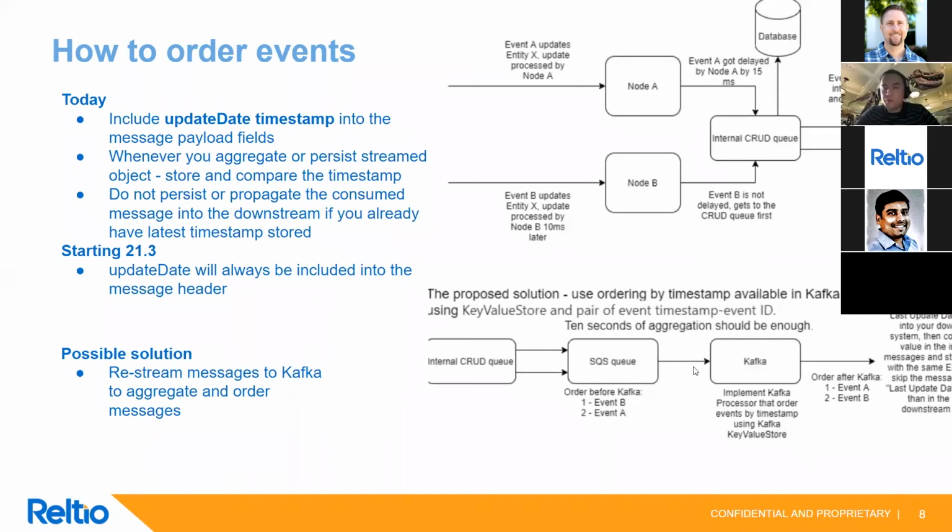If you ever worked with Kafka, you know what a processor is and what a key-value store is. In the key-value store, you would put a timestamp as a key and aggregate and sort events by timestamp there. You can define an aggregation period, 5 seconds, 10 seconds, something longer. I don't think it makes any sense to aggregate events for 1 minute or more, because it may be too many events to aggregate, but you can do that as well.